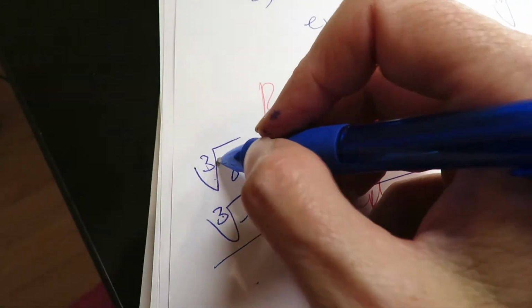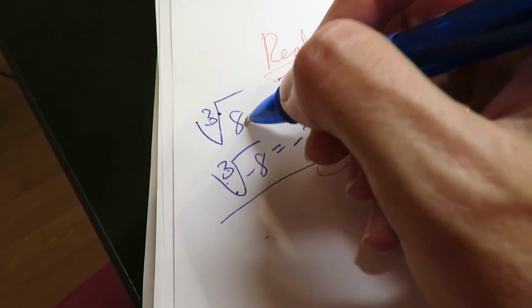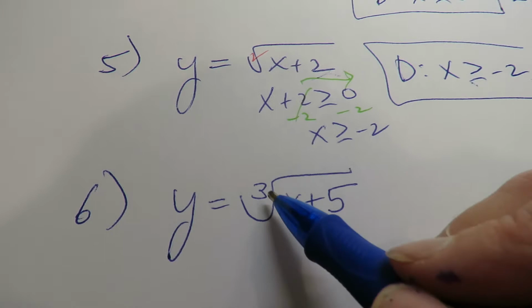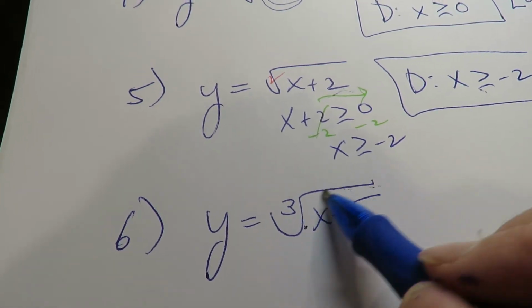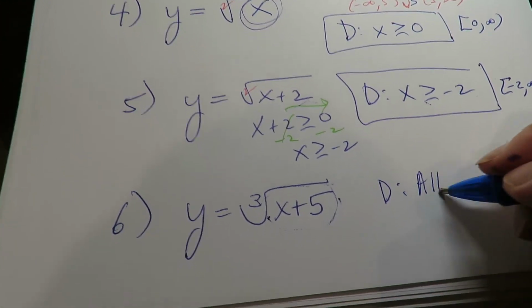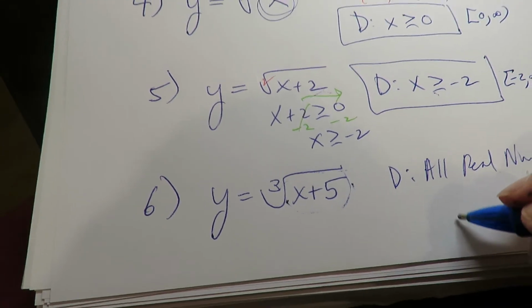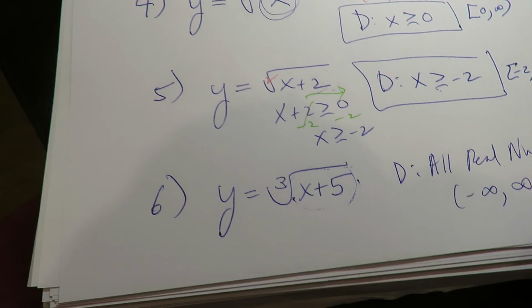So for the odd root or the odd index, you can actually have positives and negatives underneath. So because this is odd, that means I can have positives or negatives underneath. So the domain for an odd index is always all real numbers, which again you could just write as -infinity to infinity.